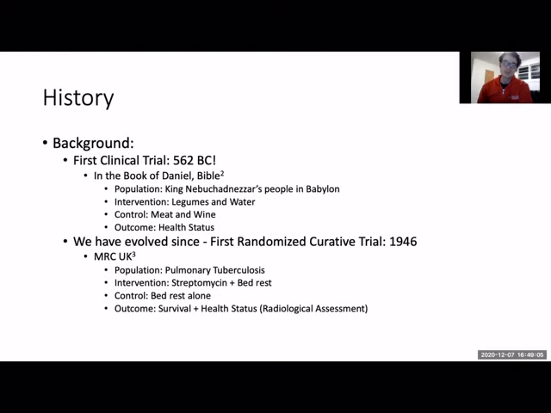So this was a very long time ago, of course, and since then we've gotten a lot better with how we do clinical trials. The first trial that involved randomly placing individuals into groups and assessing the effectiveness of a treatment on a specific disease was a tuberculosis trial. They wanted to see if a specific antibiotic helped people to recover from tuberculosis, which is a bacterial infection in the lungs.